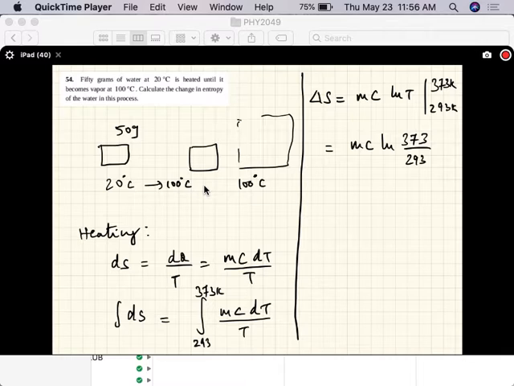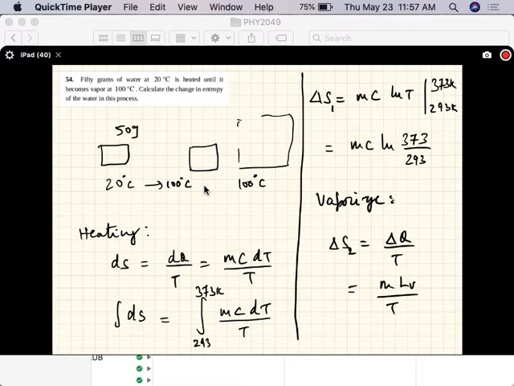We'll call it process 1. Then you vaporize the water. So delta S2. Now, thankfully, that process happens at a constant temperature: m L_v divided by T. We'll put the numbers there.